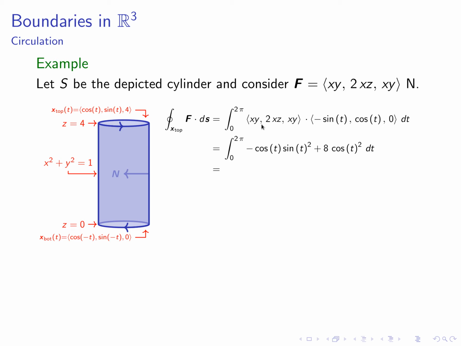Well, when we make those substitutions and we take our dot product, we end up with negative cosine t times sine of t squared plus 8 times cosine of t squared. And when we do some calculus here, we end up with 8 pi newton meters as our work calculation.